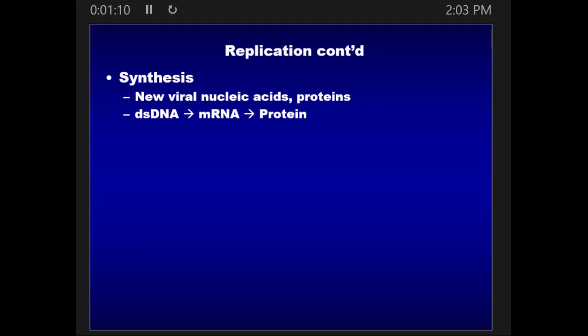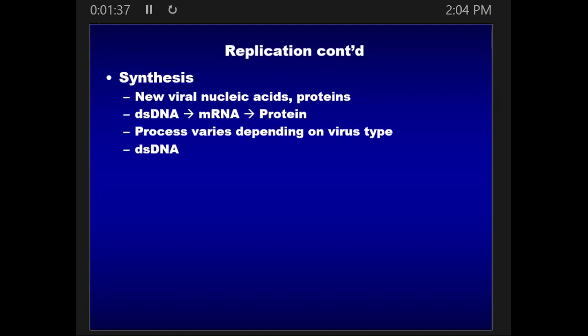So the virus has to use that. And then it also has to make copies of its nucleic acid, whatever kind it has. So it's got essentially two main goals to accomplish. And so it really does depend on what they bring with them in terms of their nucleic acid.